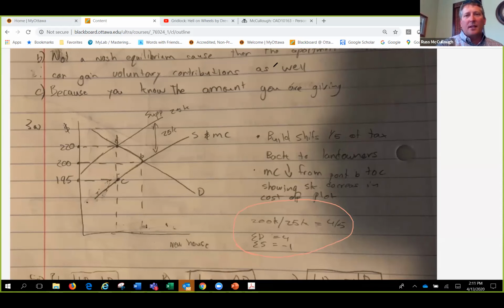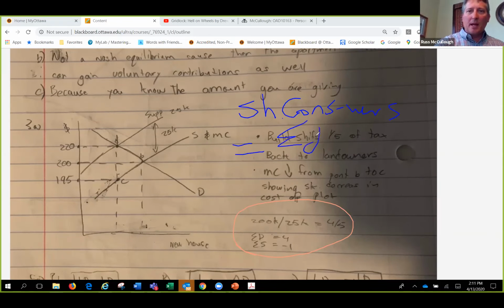But the share of the tax is the elasticity of one over the other. So the share for consumers of a tax is equal to the elasticity of demand over the sum of the elasticity of demand and supply.